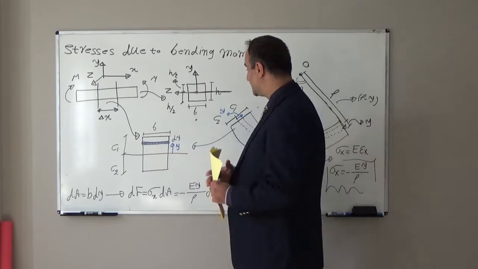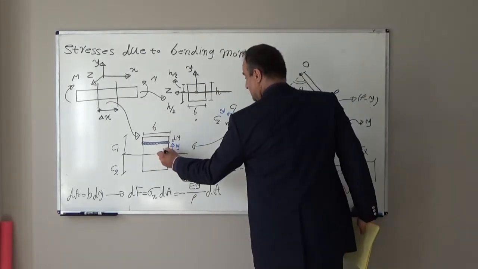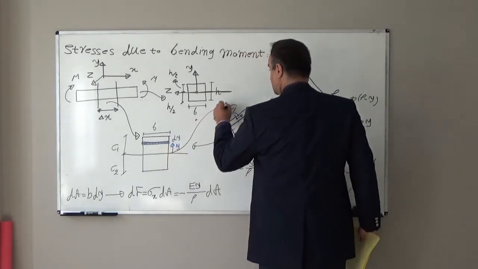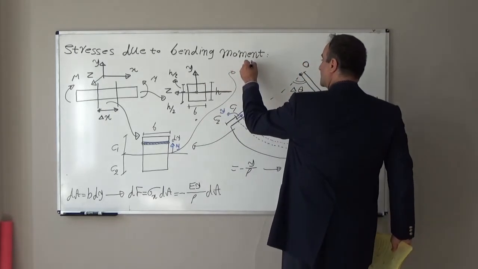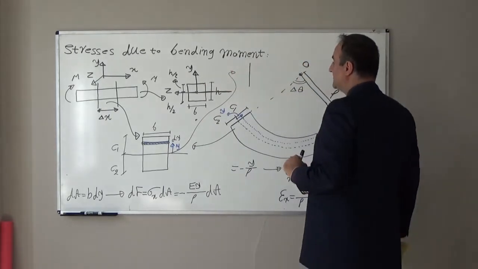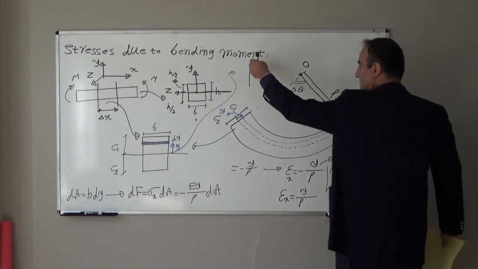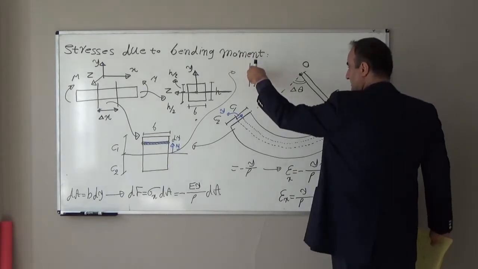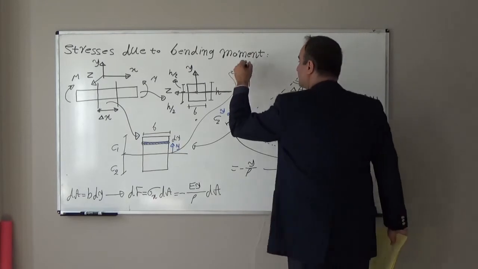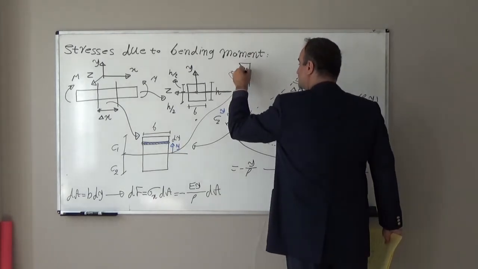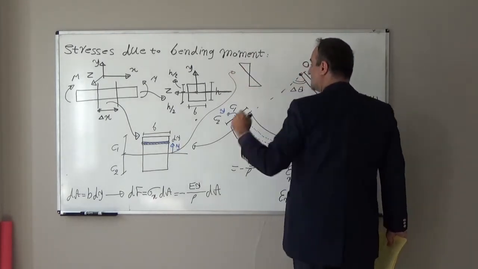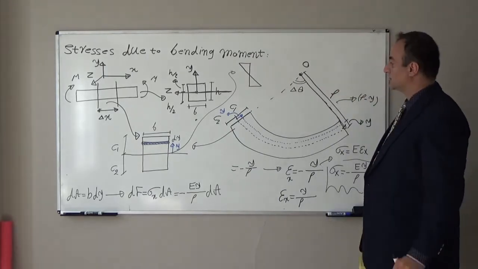If I show the side view, this is the initial location of the cross section. After deformation, it will rotate with respect to the neutral axis location.